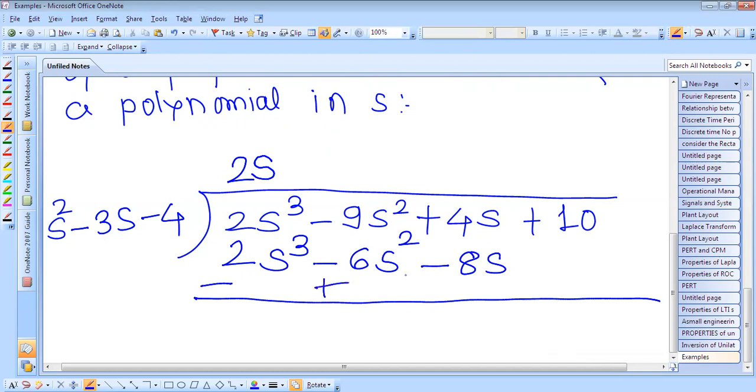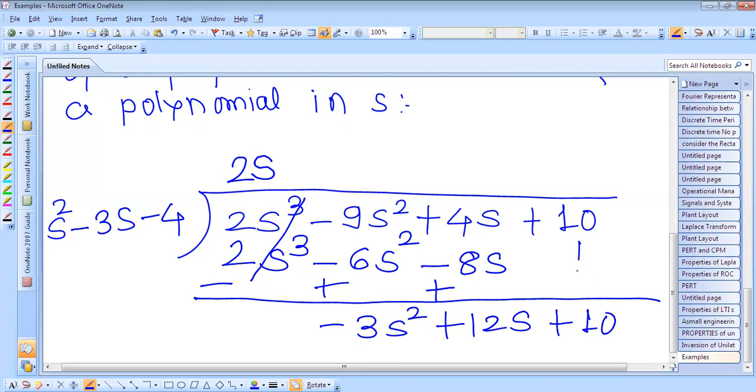Subtract this so that the first term gets cancelled. What remains is minus 3s squared plus 12s plus 10.